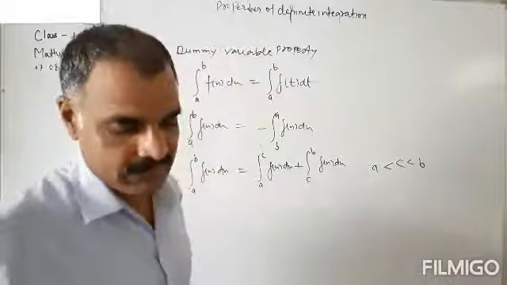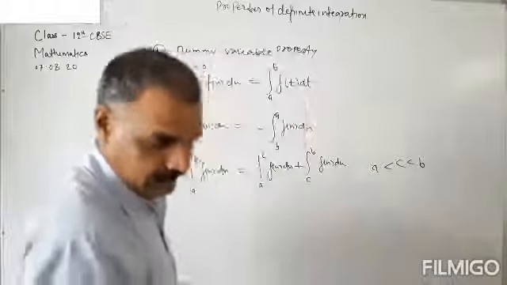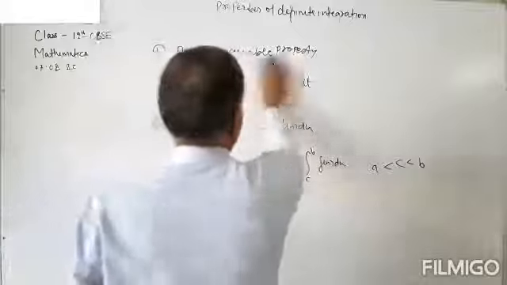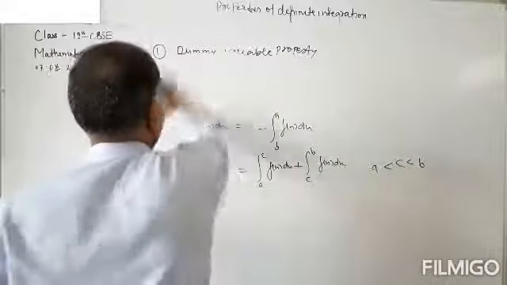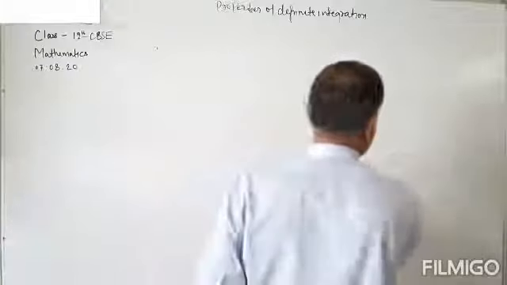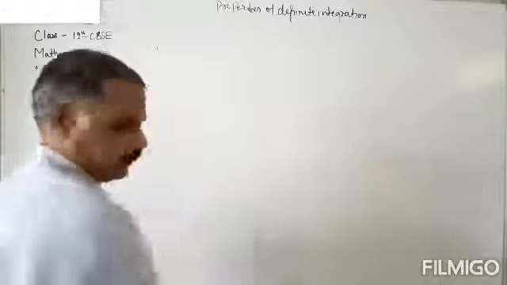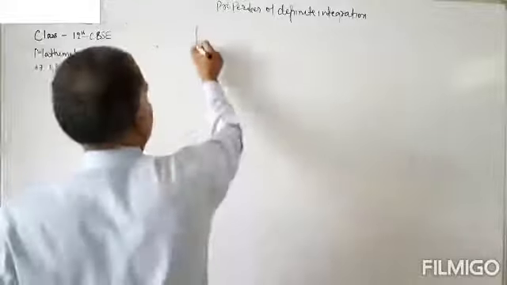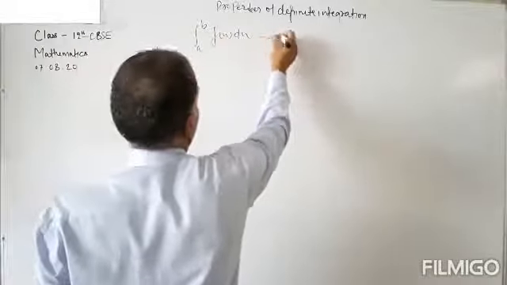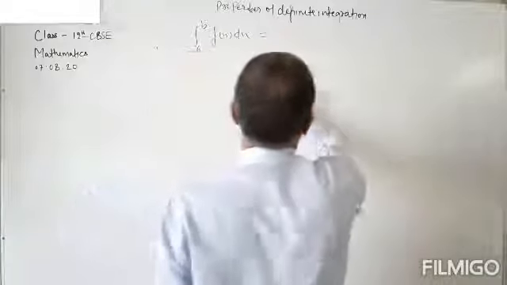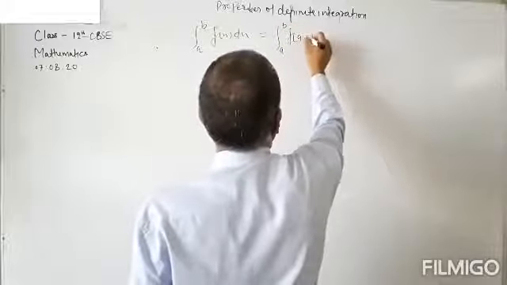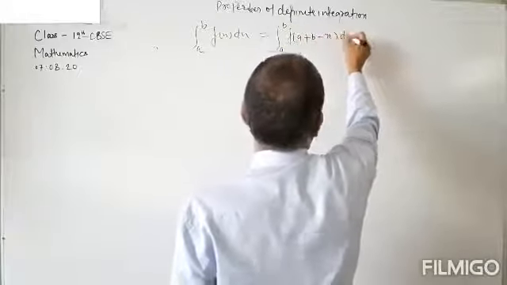Okay, now let us discuss the fourth property. Fourth property in this respect is integral a to b f(x) dx is equal to integral a to b f(a + b - x) dx.